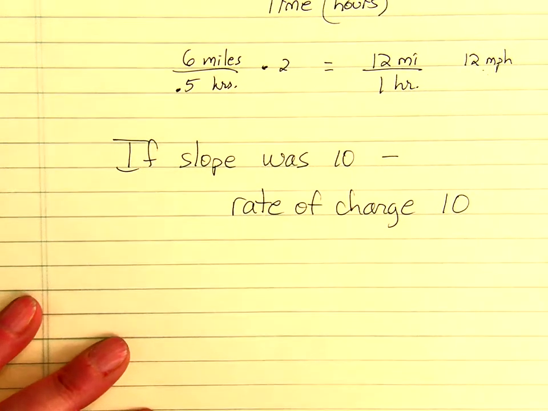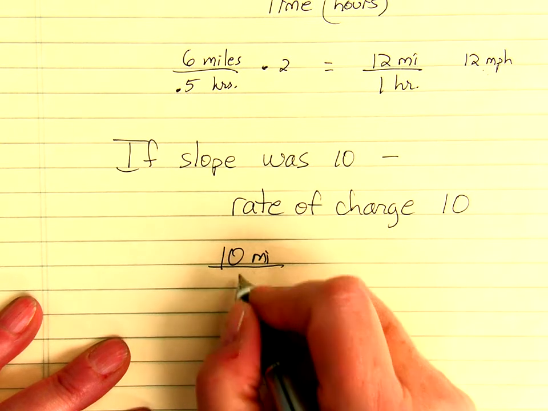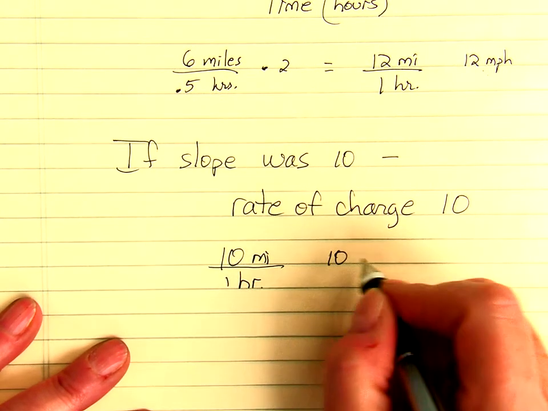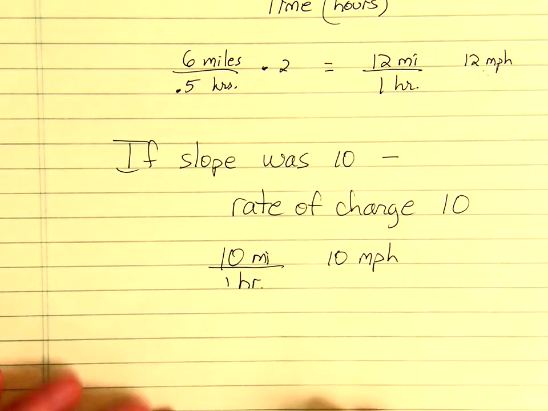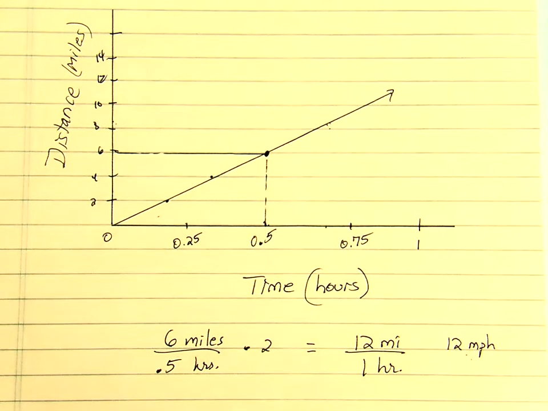Okay, which means then that I am going to be going 10 miles per hour. Okay, so that is how we read these graphs.